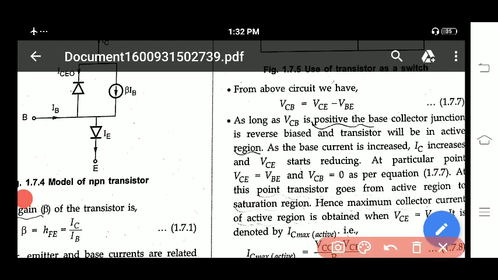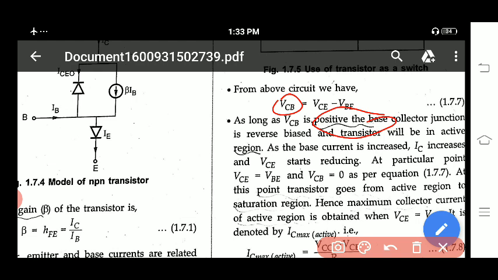And also here you can observe that as long as VCB is positive, then obviously base to collector is in reverse direction. It will be in reverse bias condition and the transistor will be in active region only.